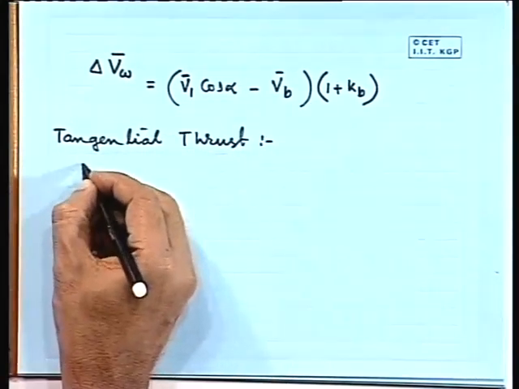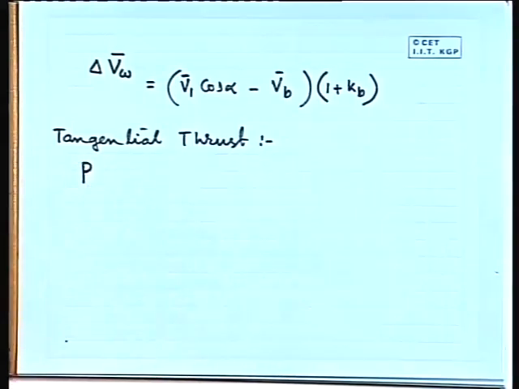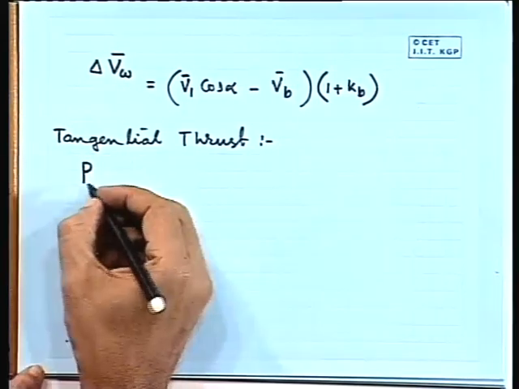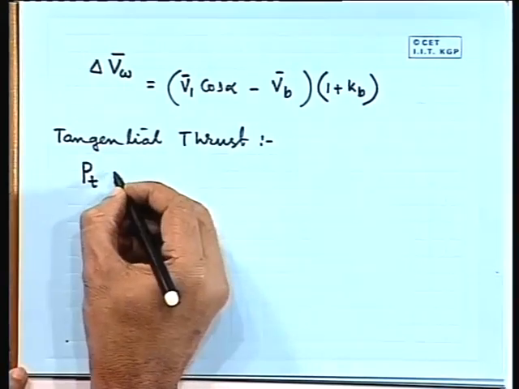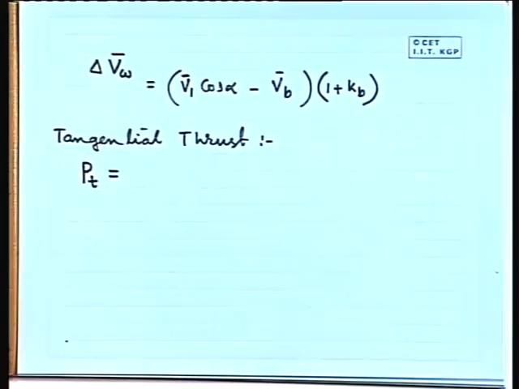Tangential thrust, this is generally thrust, it is nothing but a momentum, and it is denoted by P. As it is in the tangential direction, we call it Pt, P subscript T, and this P subscript T is change of momentum in the tangential direction.